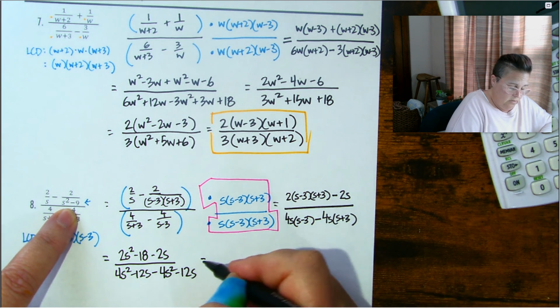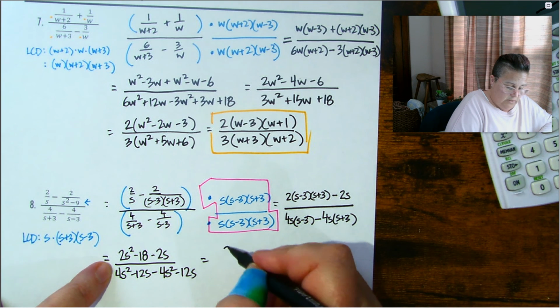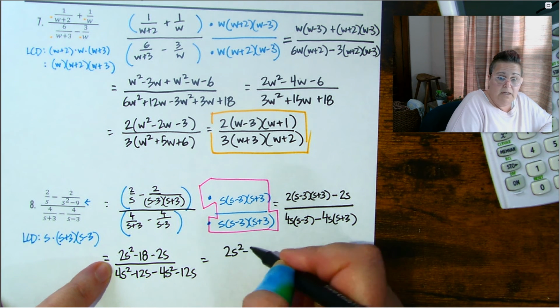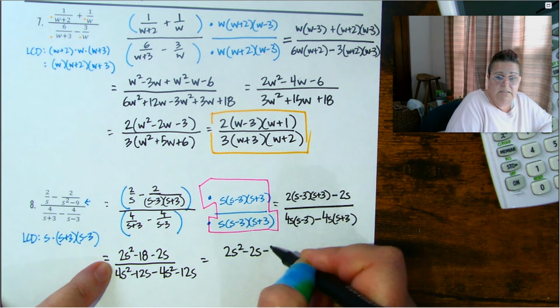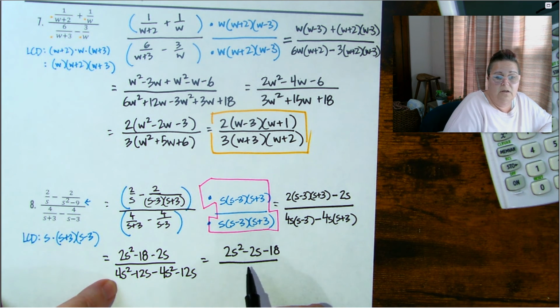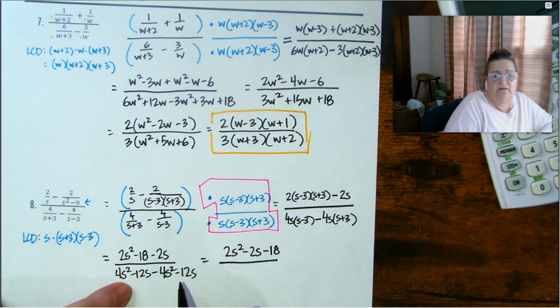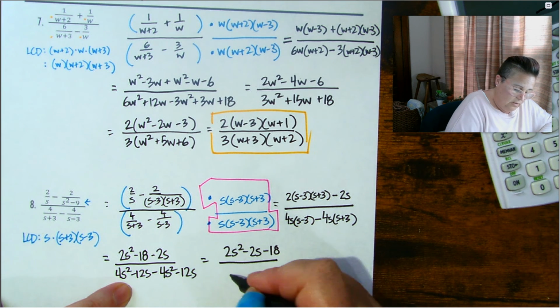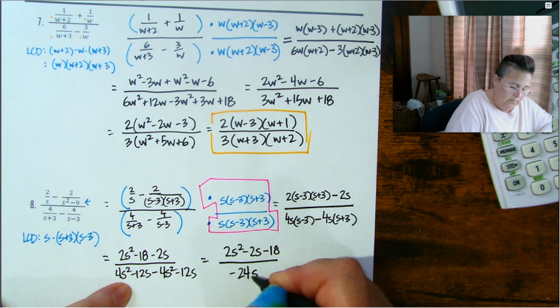Yeah, okay. So this will be a 2s squared minus 2s minus 18 over 4s squared minus 4s squared, knocking itself out, minus 12s minus 12s, minus 24s.